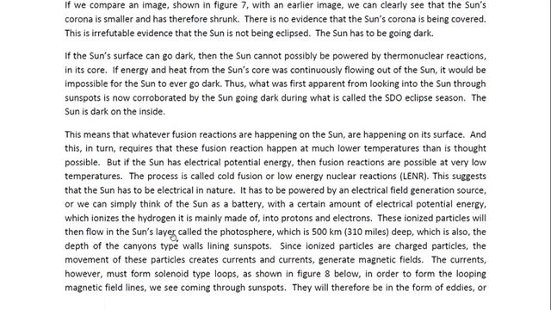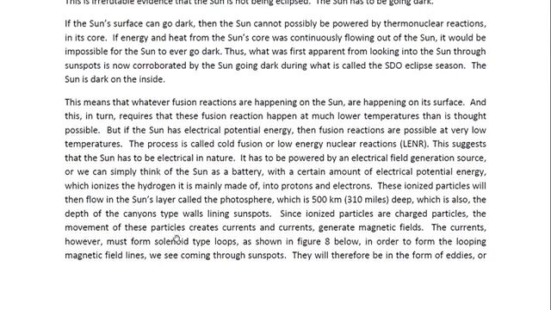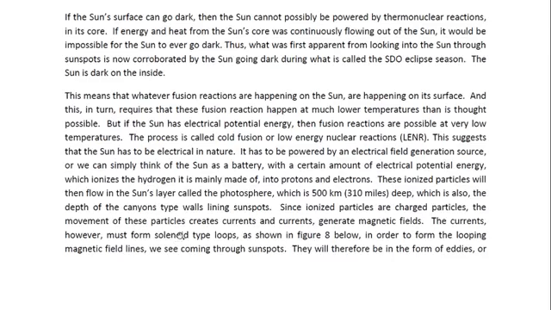Now this suggests that the sun has to be electrical in nature. And I don't believe it is powered from the outside. I believe that the sun, or stars, are formed with a certain amount of energy. And why I believe that is because stars age. They go through a changing process, an aging process that leads to the formation of stellar cores.